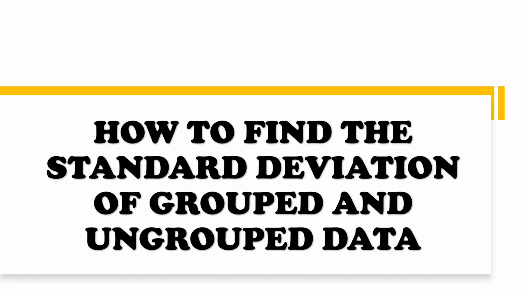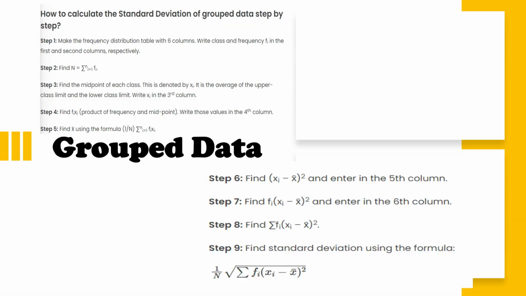How to find the standard deviation of grouped and ungrouped data. For grouped data, you're going to follow these steps to find the result using the formula. First, make the frequency distribution table with 6 columns. Write class and frequency in the first and second columns respectively.